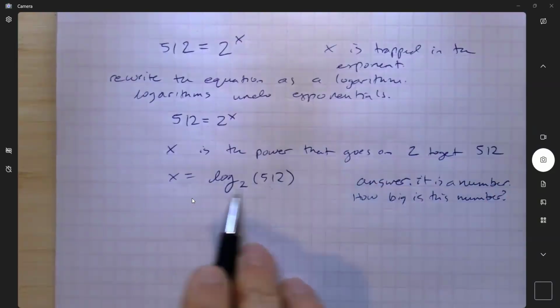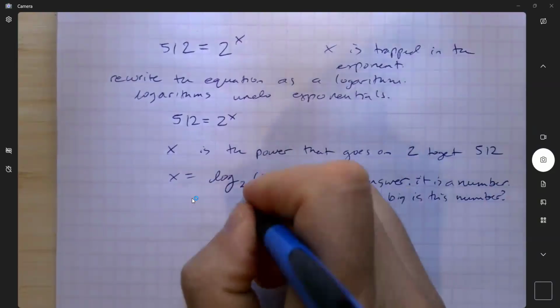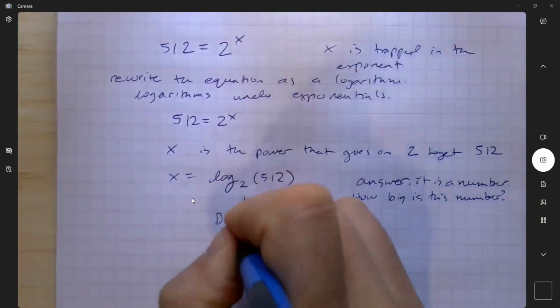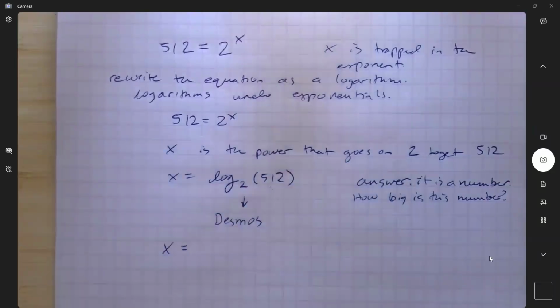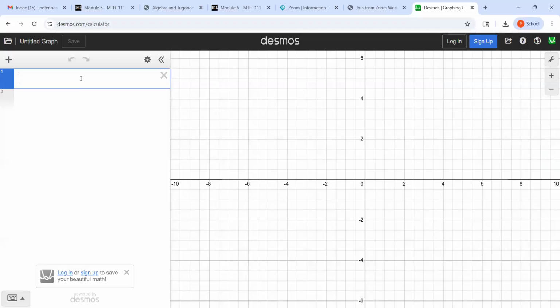So to simplify this, you're going to grab something like Desmos. And in Desmos, you're going to put in, and here I will show you this time. Here's Desmos. Now, you might think you have to change the base because it's log 2, but you don't.